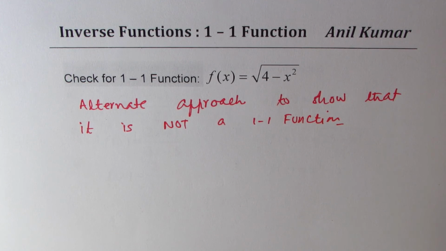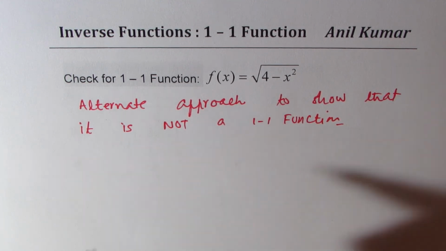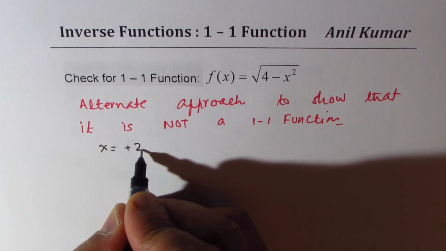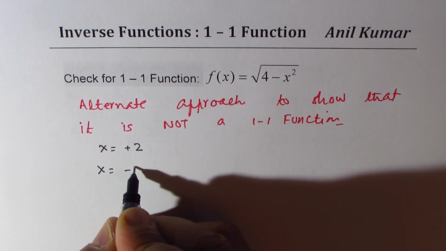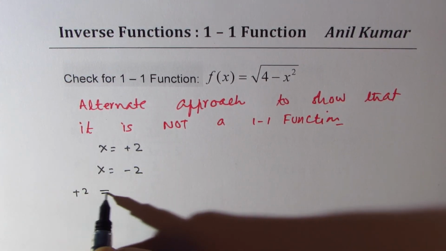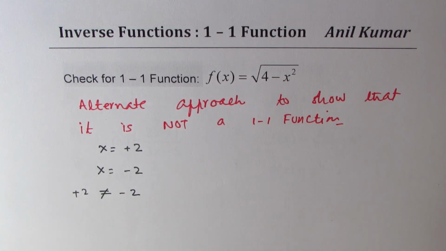So let's take points as x equals, let us say, plus 2, and let's take x equals minus 2. So these are two different values. So we know plus 2 is not equal to minus 2, correct?